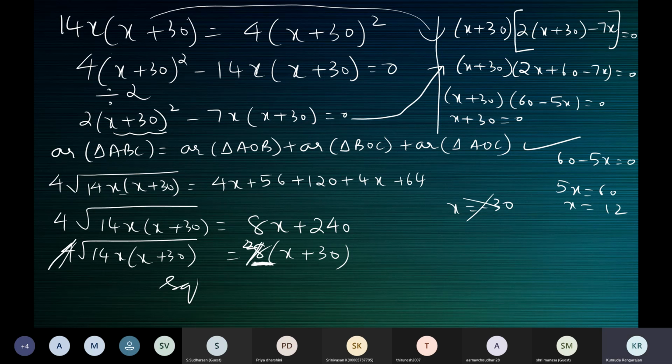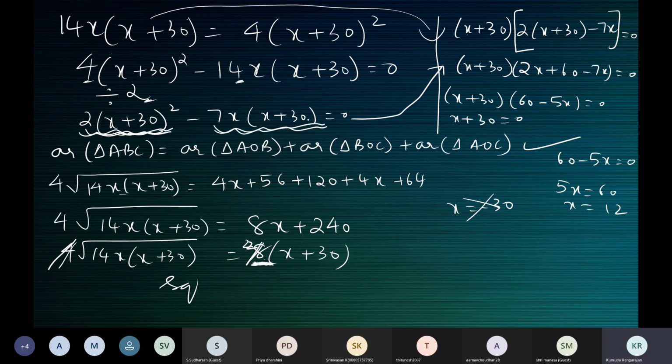So here 8 was common, then 4 ones are, 4 twos are 8. Then we squared on both the sides. And when you square on both the sides, again you can simplify. There's 4 here, there's 14 here, so you can divide by 2 throughout. This term has x plus 30, and this term also has x plus 30. There are 2 terms with x plus 30 in them.